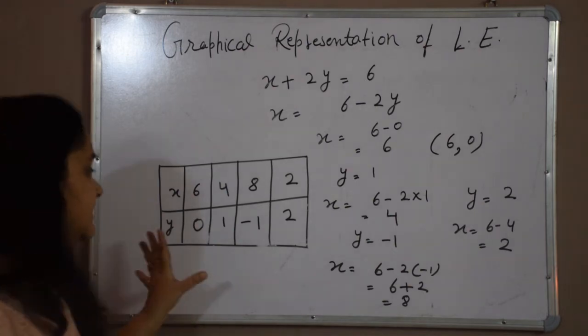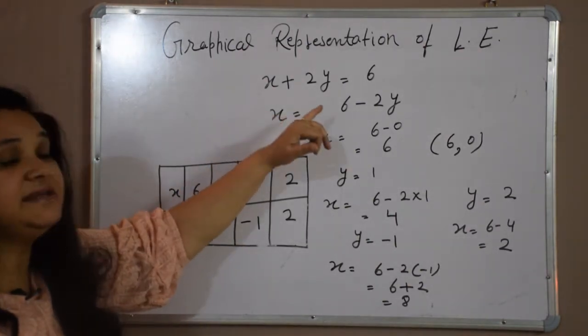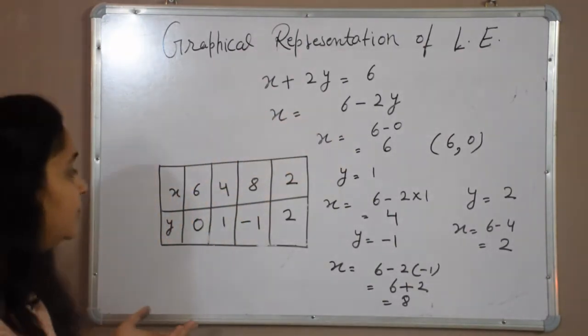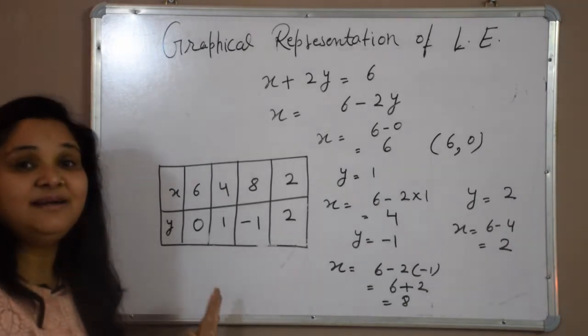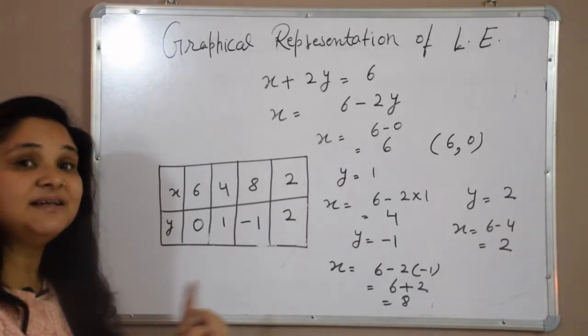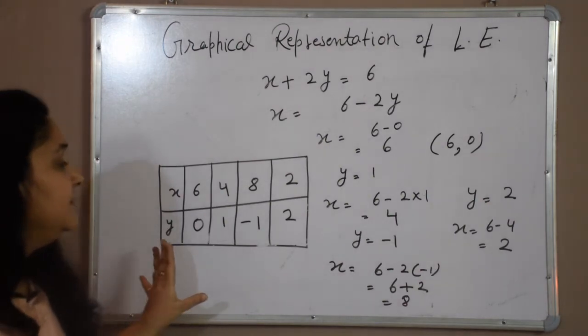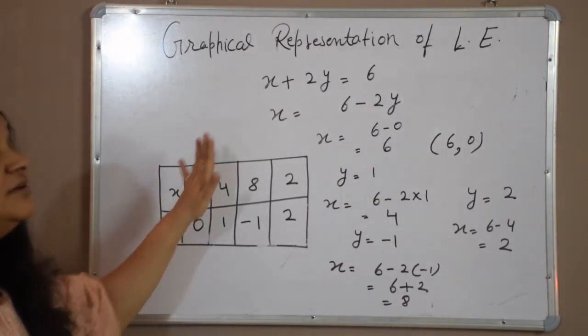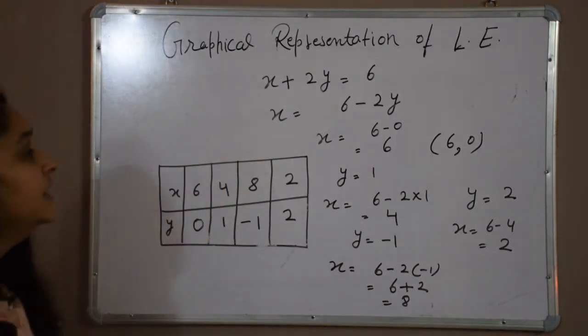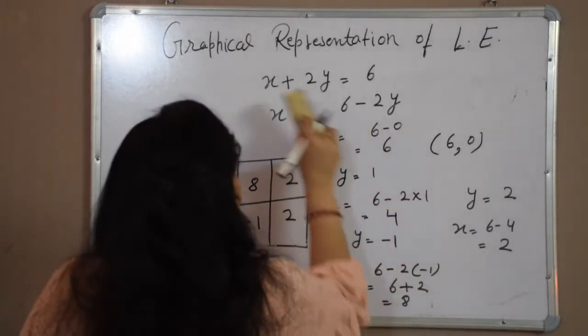Now these are the solutions of this linear equation, and I already told you there are infinitely many solutions. Underline, infinitely many solutions are possible for a linear equation in two variables.